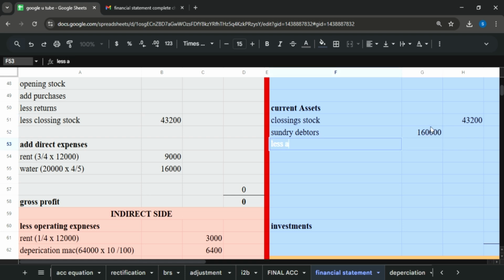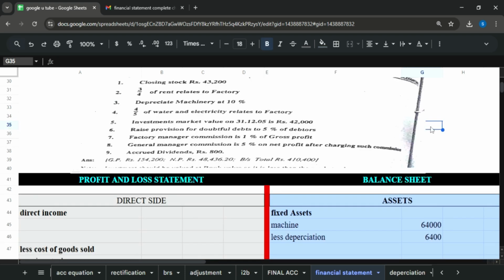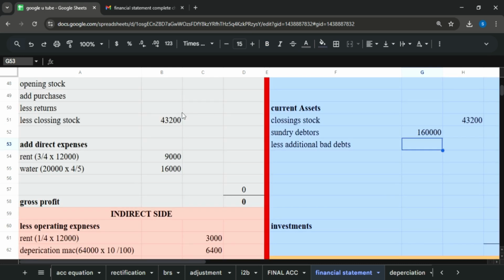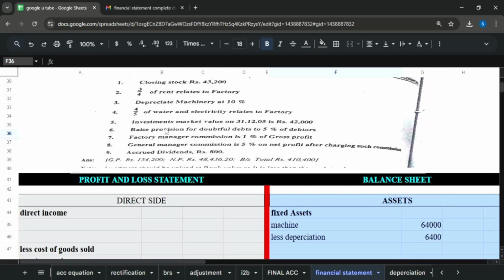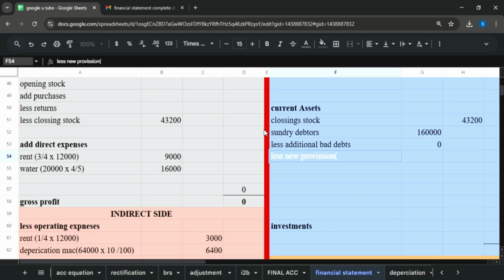Next step is to subtract additional bad debts which should be present in adjustment, but here you can see that nothing is visible or available for additional bad debts, so you will write 0. Then you will subtract new provision, and you will have to calculate this new provision as usual, because provision is required to be raised up to 5%. This is the amount of debtors in absence of additional bad debts.